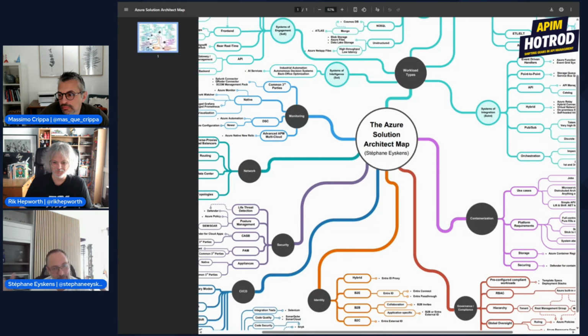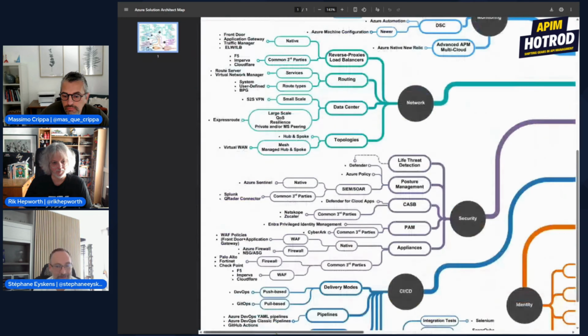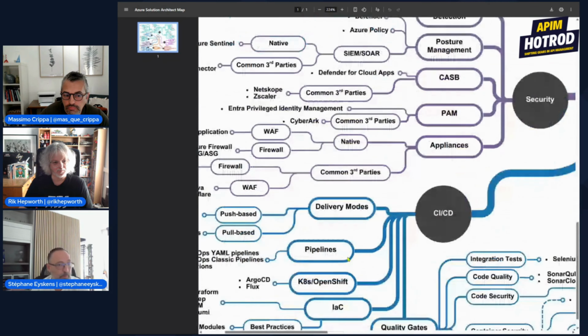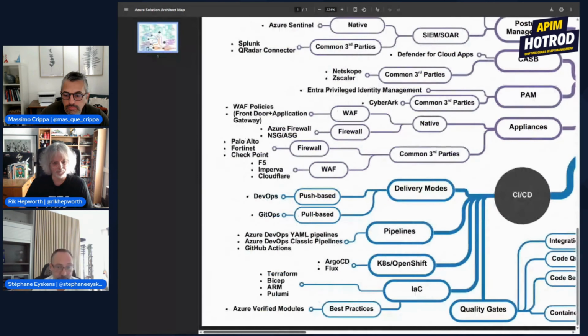But at least it gives you, okay, we see security, we see monitoring, we see CI/CD, not saying that the solution architect should know the bits and bytes of how to build a YAML pipeline, for instance. But at least be acquainted with industry practices, so that if deployment is failing for some reason, you are not completely clueless about what could be happening, you see?